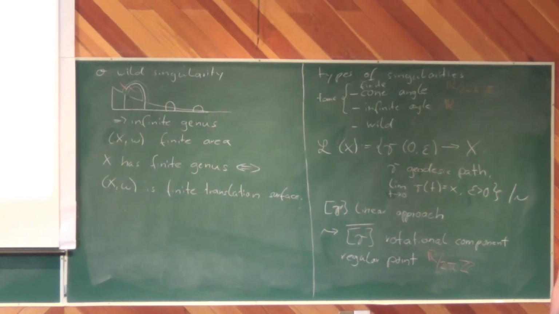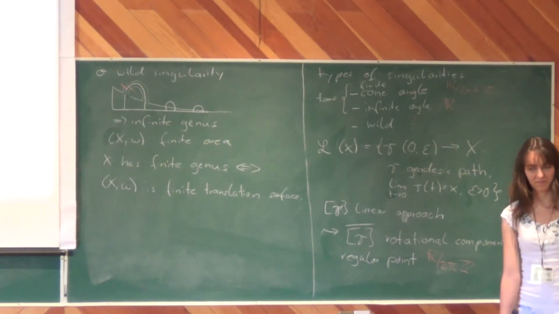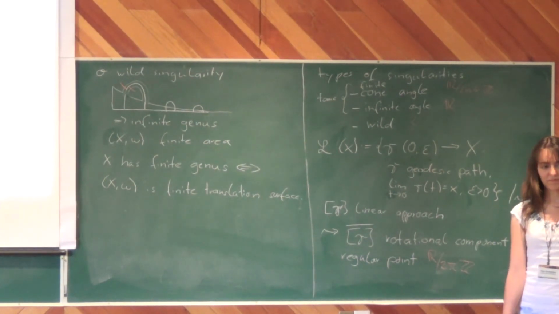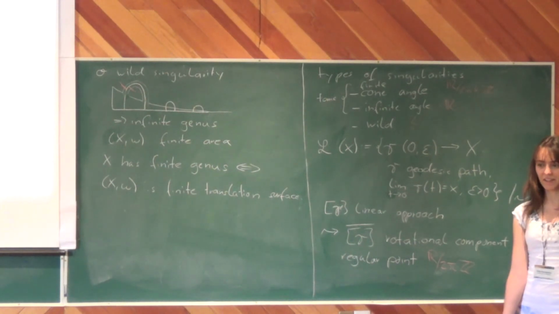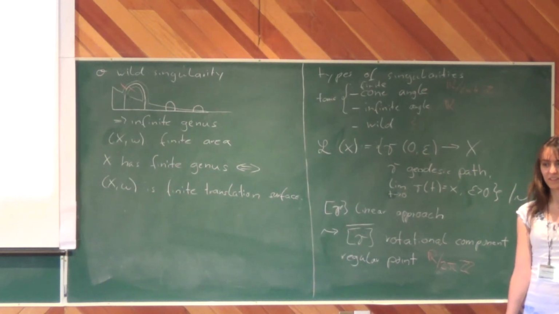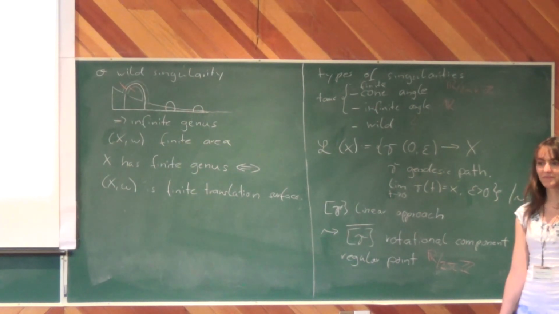Don't know yet. But if your conjecture is true, then it should only be an infinite angle singularity. Yeah, because if you have genus accumulating there, you don't have a local primitive. That was the point Ferran talked about yesterday. But have you seen essential singularities at some point? More questions?